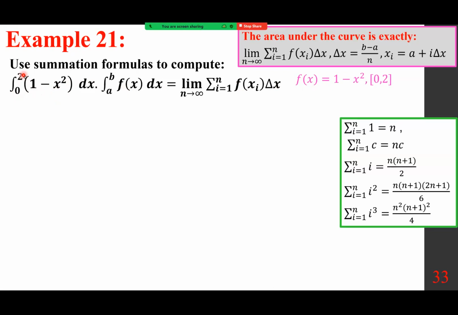Now, x sub i is a plus i delta x. And delta x is b minus a over n. So delta x is b minus a over n, or 2 over n.